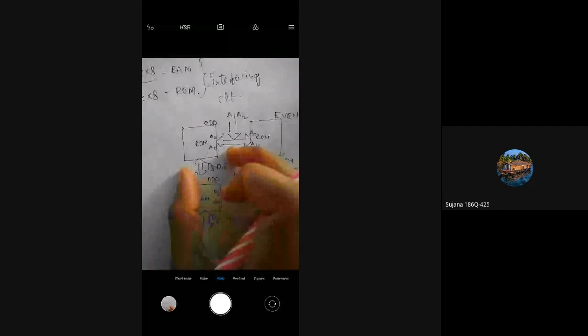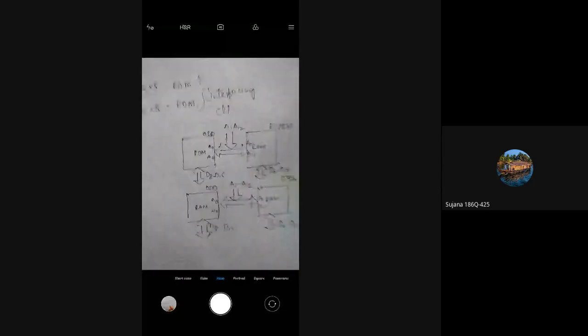Okay, so this is the higher address bank. Since I am calling it the odd address bank, it contains the higher bits of the data lines, and this is the even address bank, so it contains the lower data lines. This is how we have considered two memory banks: one is the ROM bank and one is the RAM bank.